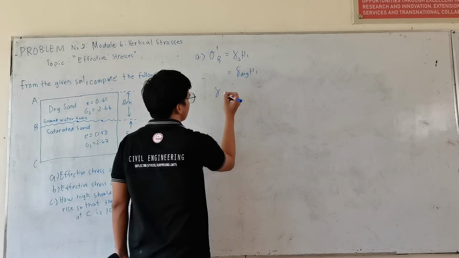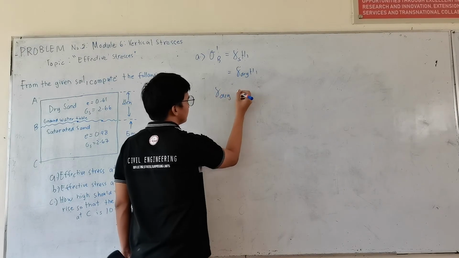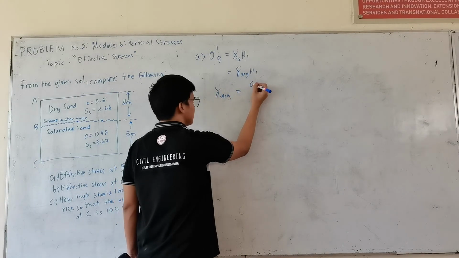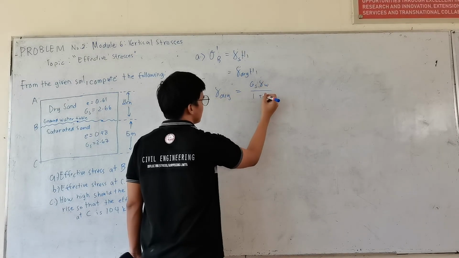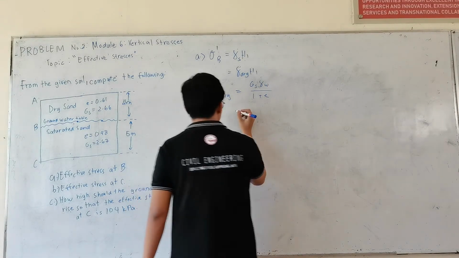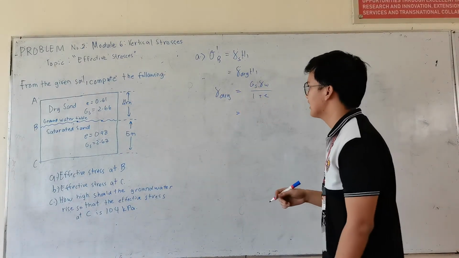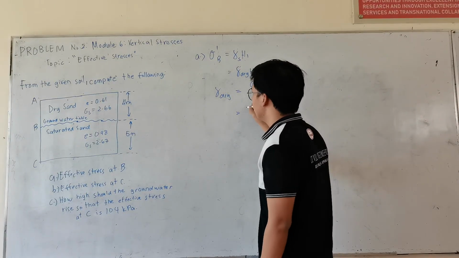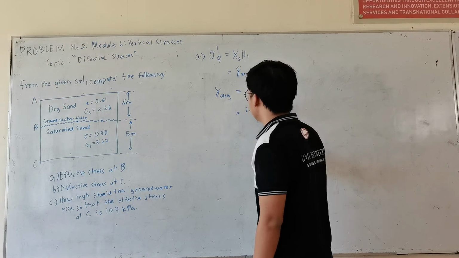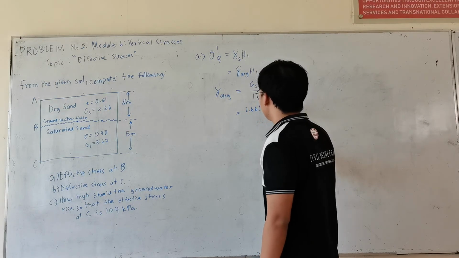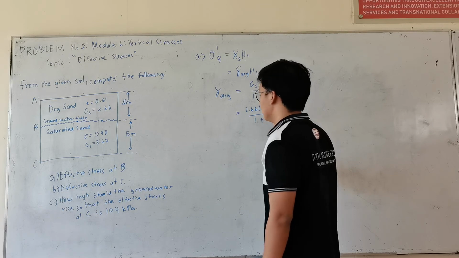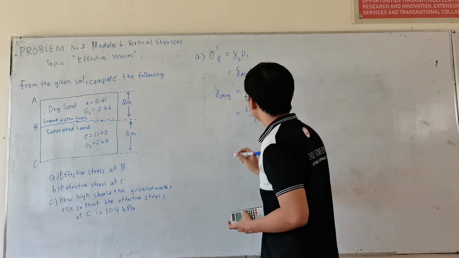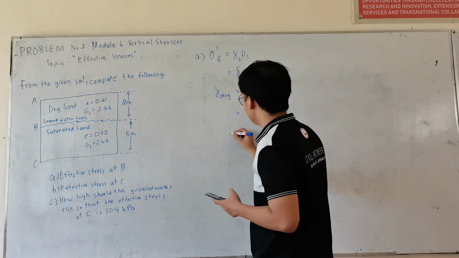So, γ_dry is equals to specific gravity times the unit weight of water over 1 plus the void ratio. So, i-substitute ang values na nakalagay sa ating soil profile. Meron tayong 2.66 times unit weight ng water, 9.81, over 1 plus 0.61.